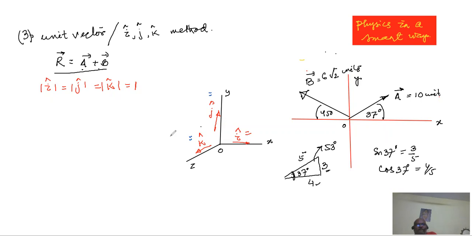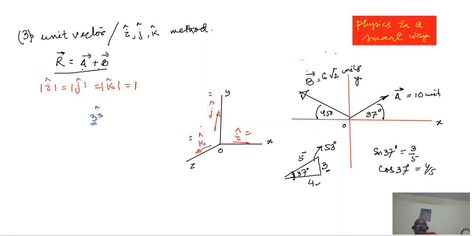Okay. So here your question can be, okay, I got a vector that is along positive x-axis, but that vector is not having magnitude 1. That vector is having magnitude 3. But you may claim your vector is having a magnitude 3 and directed along positive x-axis. So I can very easily present it as 3 I cap.